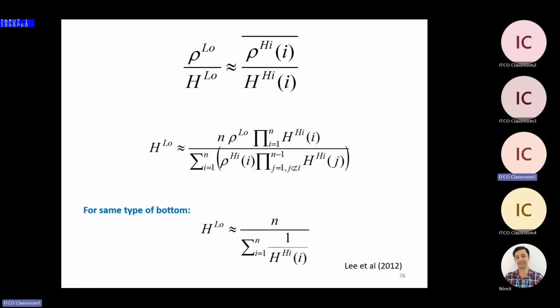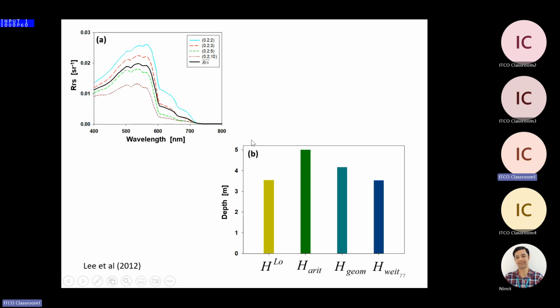The shallow ones have higher weight in this sum, or this average. Here are also examples showing a low resolution retrieval depth versus a weighted mean, the arithmetic average, and the geometric average of these four examples. Basically the concept is that when it's an inverse relationship in remote sensing, you have to do a kind of weighted average, emphasizing the pixels with a higher contribution to the total signal.